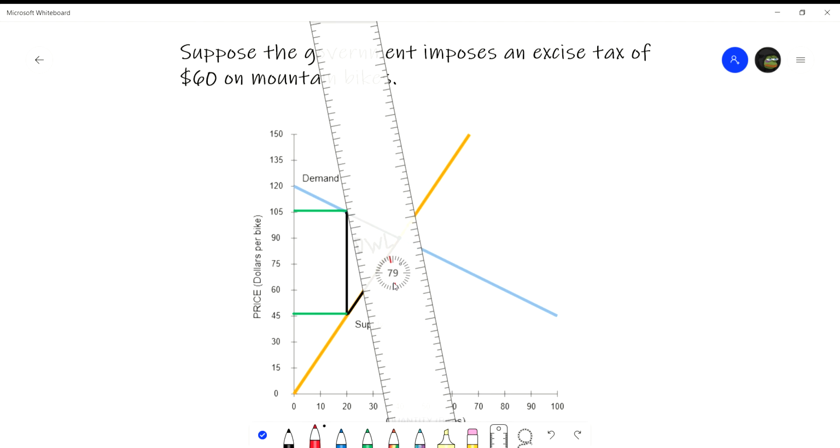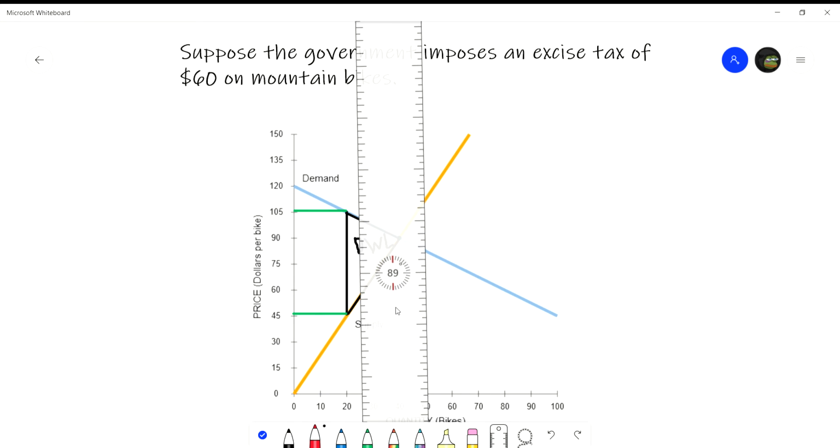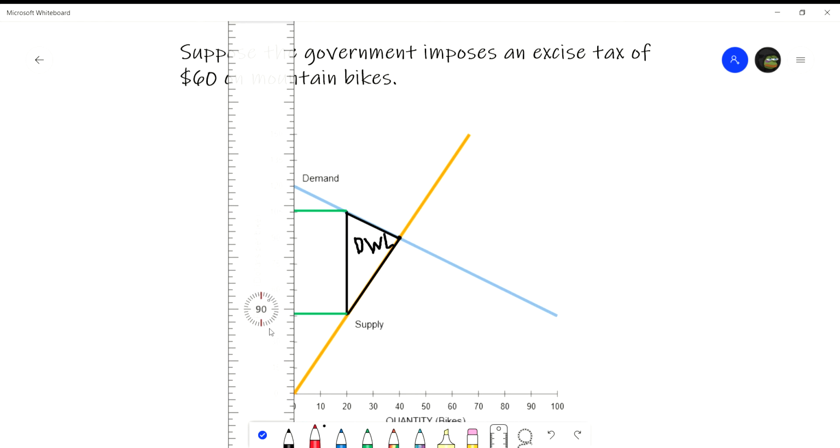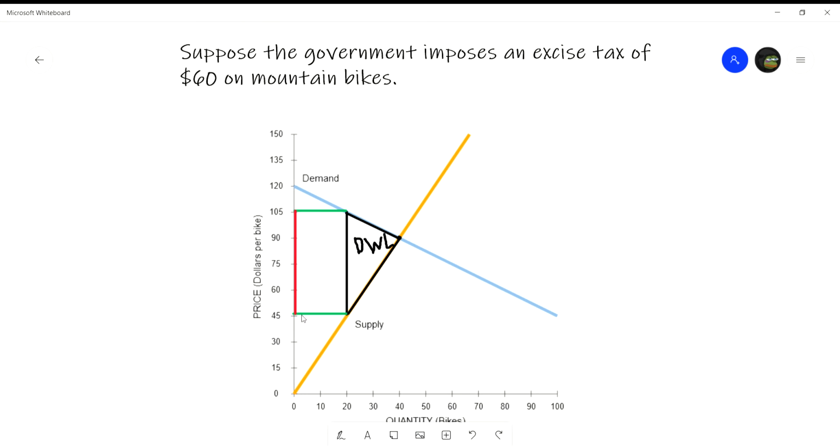the dollars per tax, right? And we know that's $60. And the quantity sold, right? So this red line is the price amount of the tax, while the green lines are the quantity.